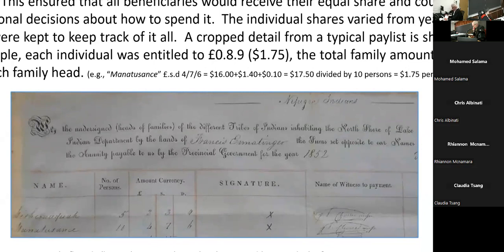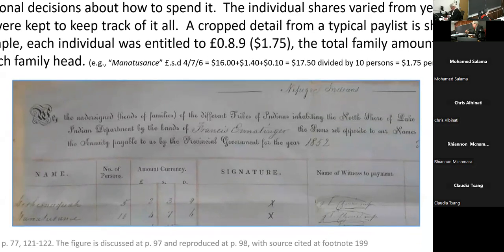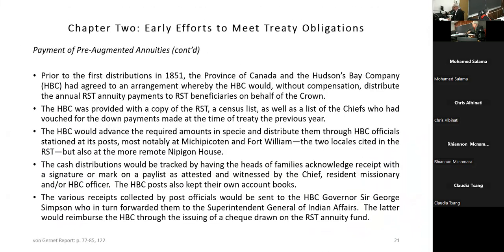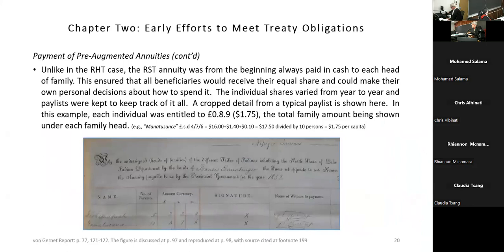And so once that was established and the money was allocated for that band, they would then requisition useful items for their own use. And that's no different from what had been the practice in the pre-1850 treaties, right? And eventually, as I said, that was replaced with cash distributions to heads of families. But in the RST case, it was always cash payments to heads of families, right from day one in 1851.